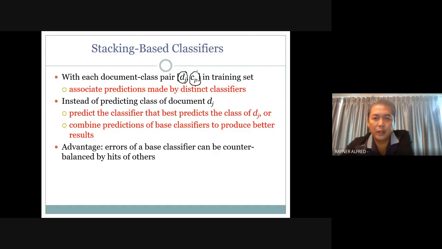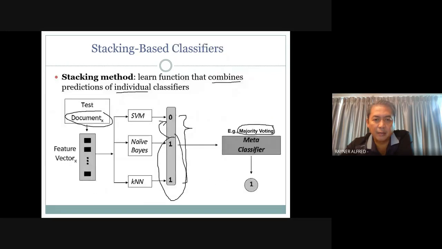We use this information as a training set and then we model the individual classifiers that we have. Once we have performed the individual modeling for this particular document, then we will get the result here.